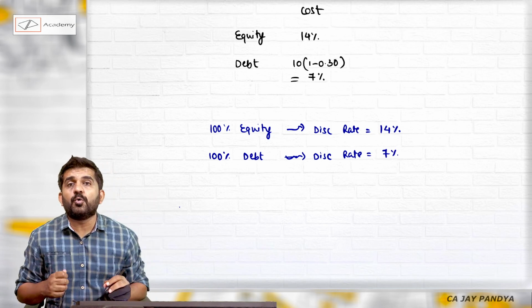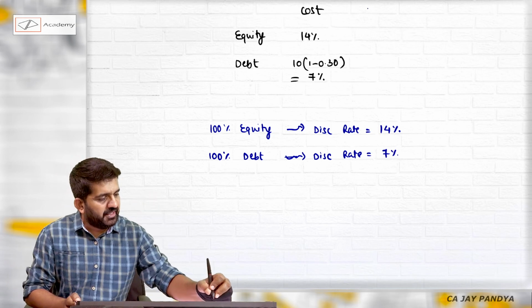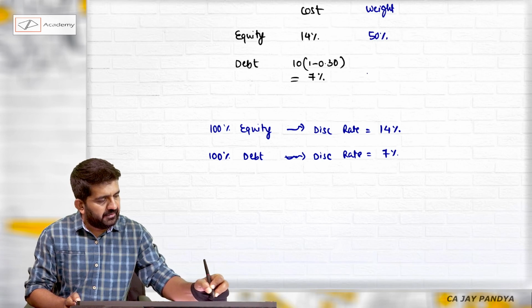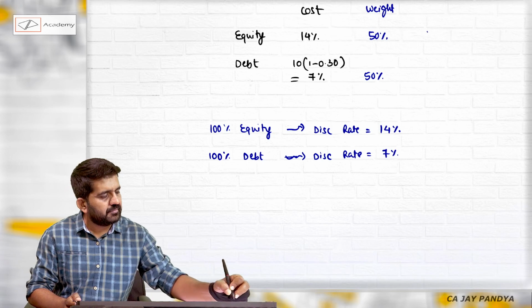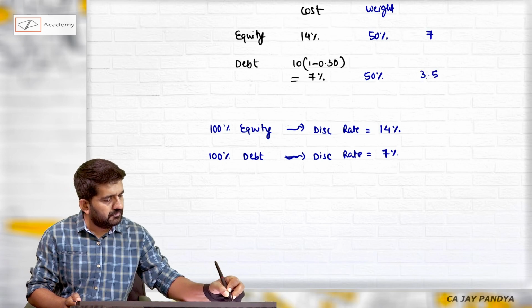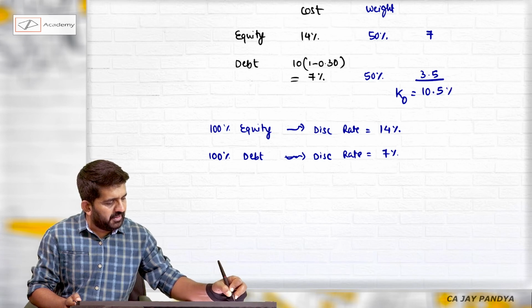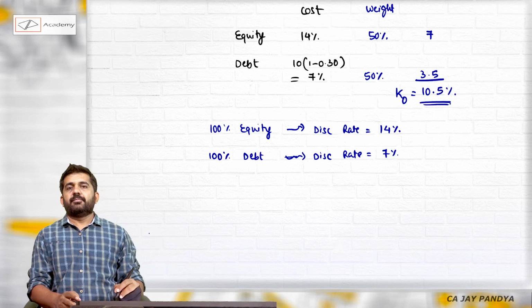If you are going to do a mixture of debt and equity, say 50-50%, then my discount rate will be 10.5%.